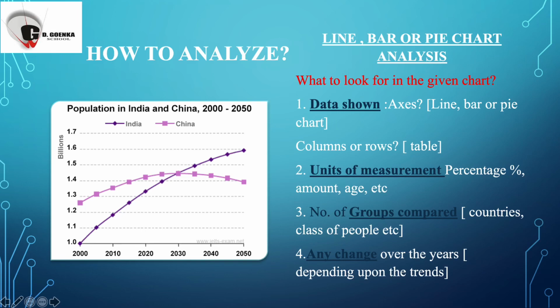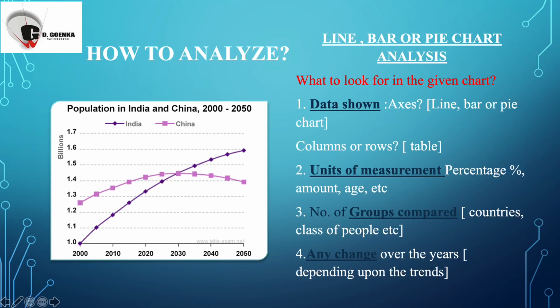In the given line graph, the population is given in billions. So you can write that in the year 2000, there were more people living in China than in India. And moreover, you can also write that the number of Chinese was 1.25 billion, while India's population was about 1 billion.